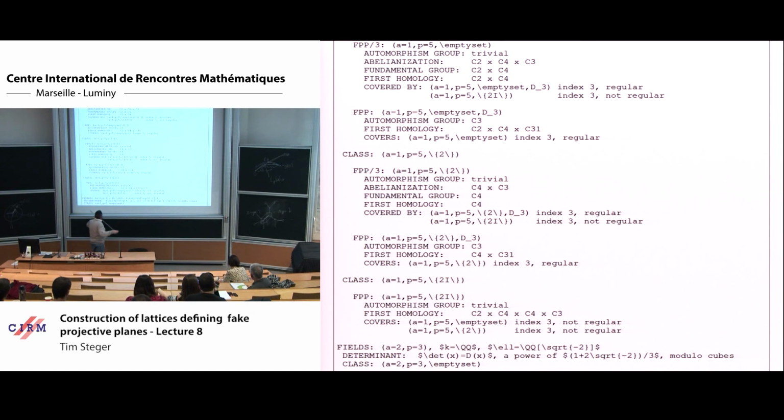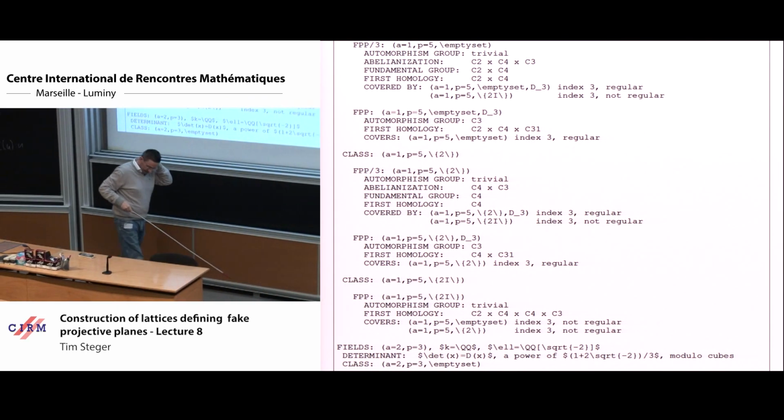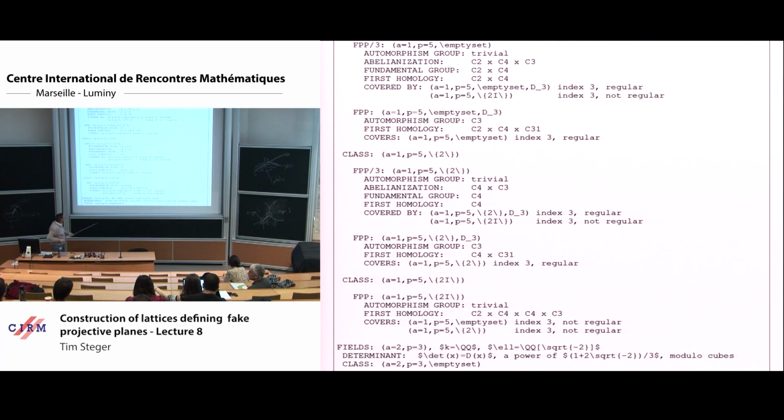So that means that this one here, where I use 2I instead of either 2 or the other, that is to say, where I fix an edge rather than fixing one of the two types of vertices, gives me a group which is 3 times smaller than the others, which means for this particular case that it's just the right size to be a finite projective plane by itself. Now, that finite projective plane ought to cover either of the other two, and you see that it does.